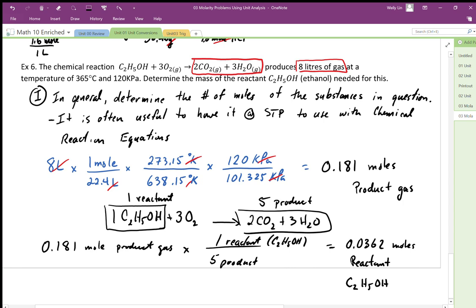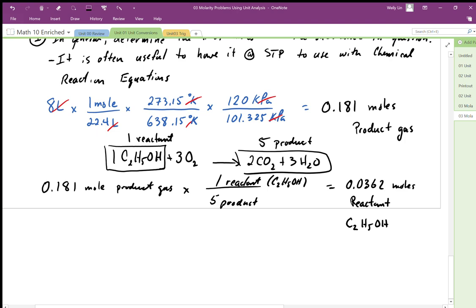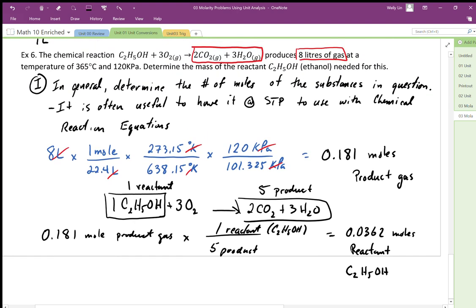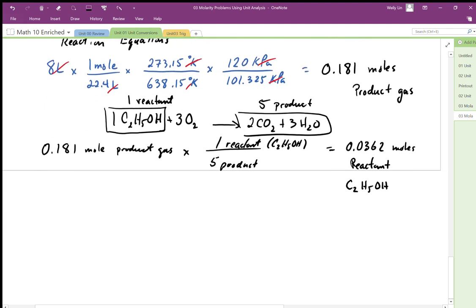So in this case, I had 5 parts of product to 1 part reactant, and once I figure out the total product, I can work out the amount of reactant I needed. And then we need to do the calculation of converting that moles into, in this case, the mass, since the question is asking for the mass of the ethanol.